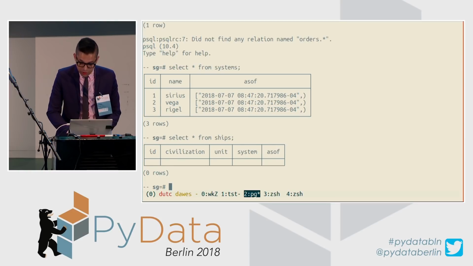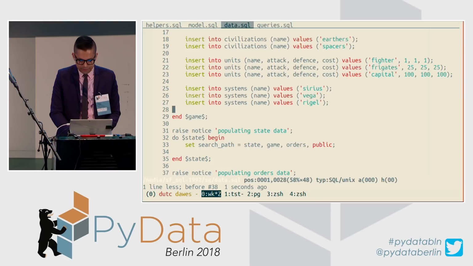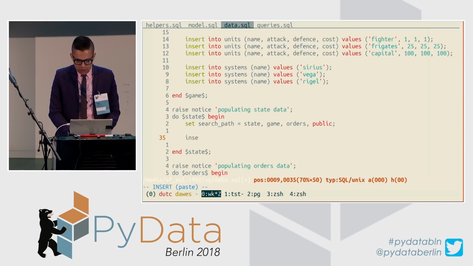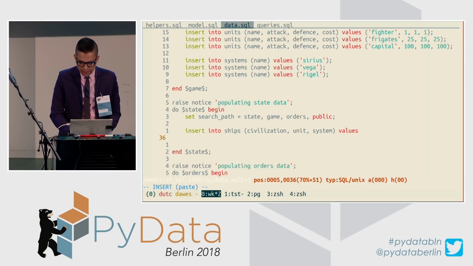In my active table, every system, or actually I'll do it on ships, which will change, right? Actually, let me insert some ships first, and I'll show you this example. So I'll do insert into ships, station, unit, system, and as I said, the spacers have very high technology, so they have a capital ship.